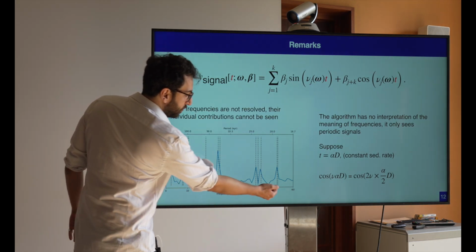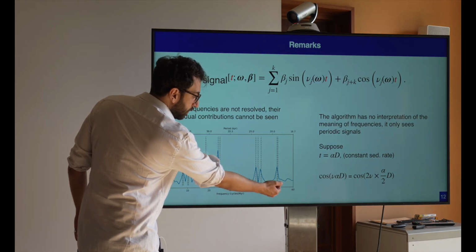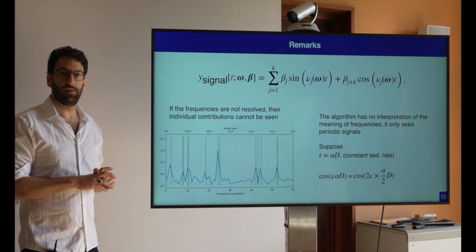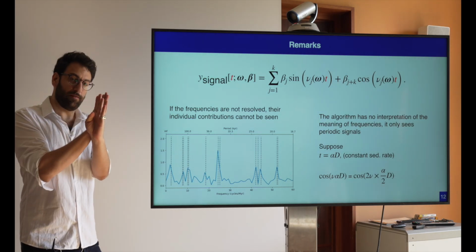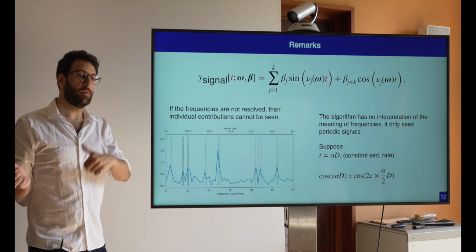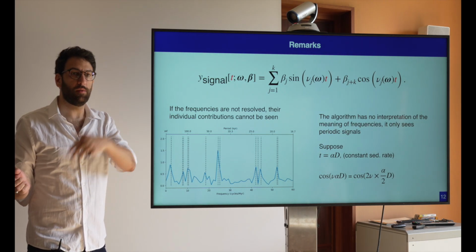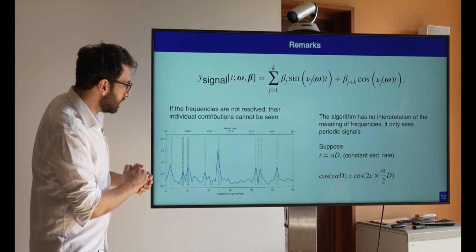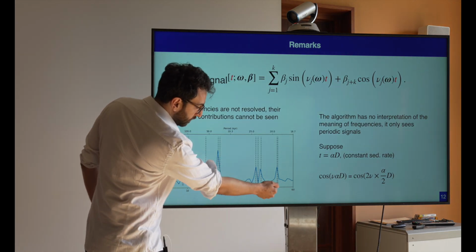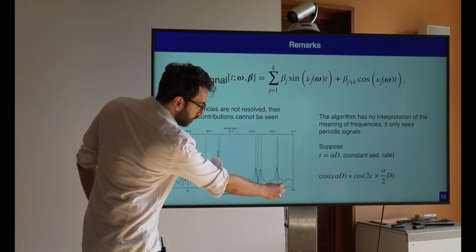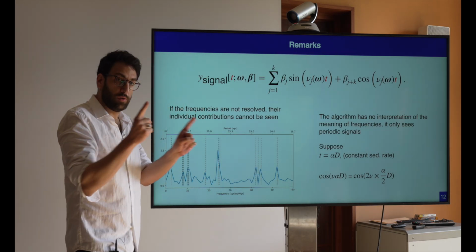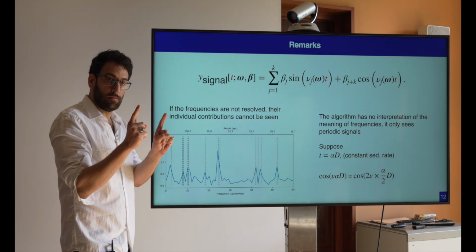If you have frequencies which are very close together, and Joseph showed me an example yesterday where several frequencies are very close together, but some of them come from eccentricity, some of them from precession, as in the case of Mars. If they are inside the same peak of the periodogram, you don't have the resolution to disentangle them.